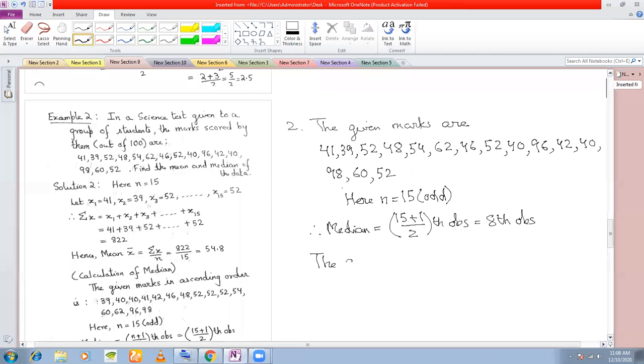Arrange the given marks in ascending order. 39 is the lowest, 40 is repeated twice. The only painful job is to arrange them in ascending order. Otherwise, everything is very straightforward.